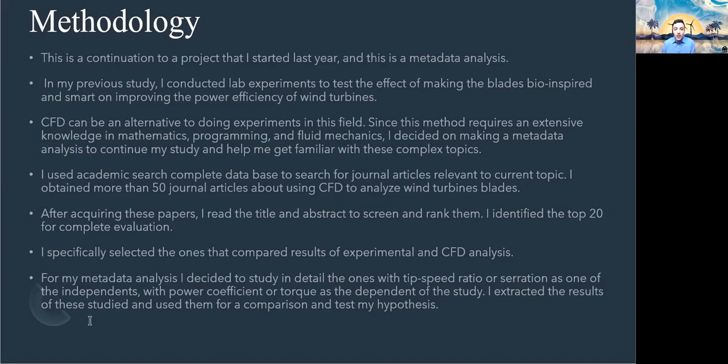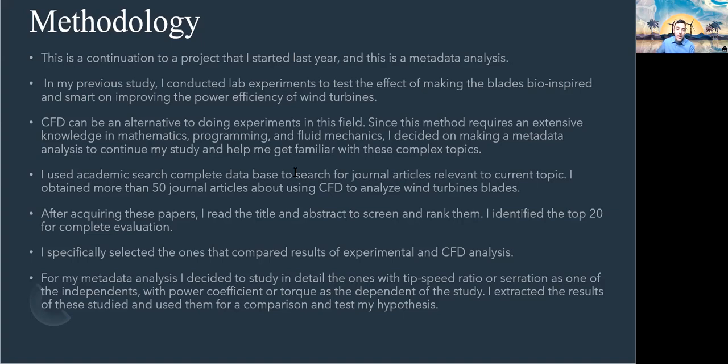For right now, I am currently doing a meta-analysis on some research journals that use CFD to analyze blade designs of any characteristics. And so I used the Academic Search Complete database to search and acquire some papers.